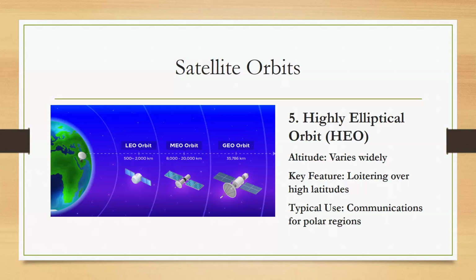Their orbits are not like the other orbits we've mentioned, and sometimes they are used for different purposes. For example, in the polar regions, they are used for communication too. They are not geostationary, though. Geostationary orbits are normally around the equator.